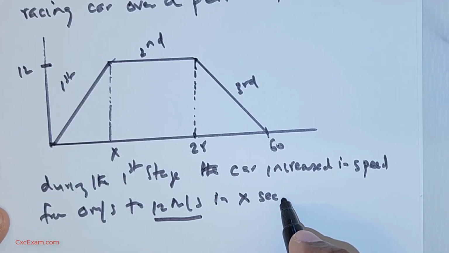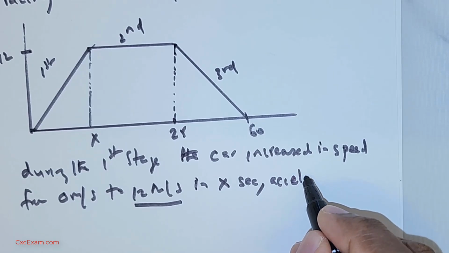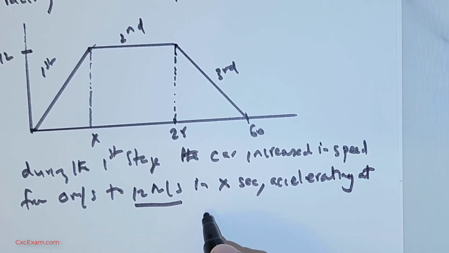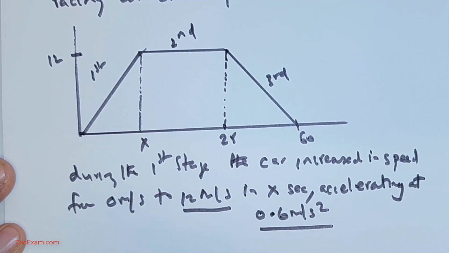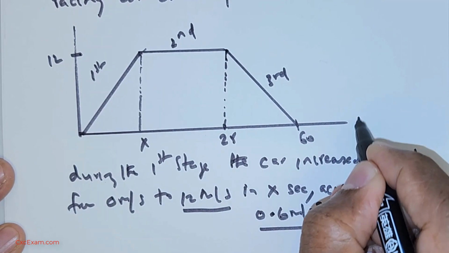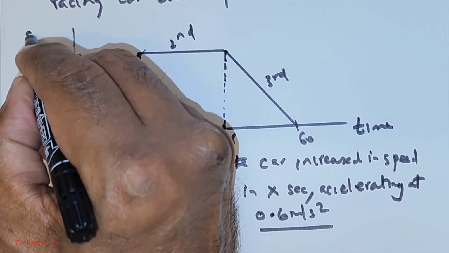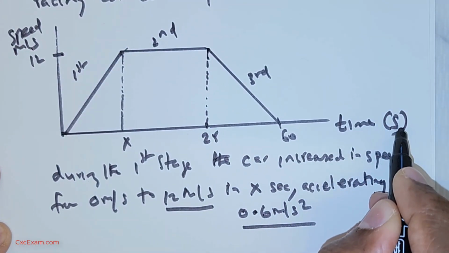So the acceleration is, accelerating at 0.6 meters per second squared. That is the acceleration. So this is time and this is speed. This is meters per second. This is given in seconds.